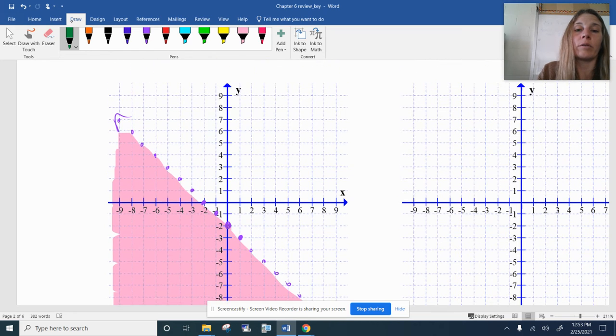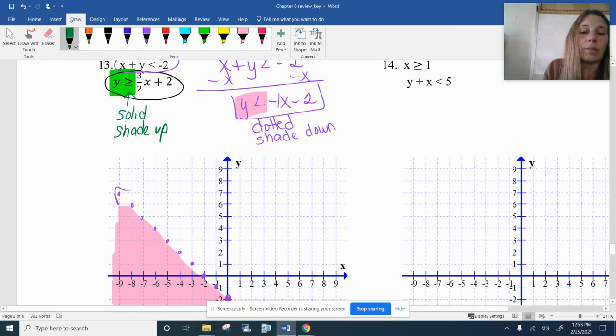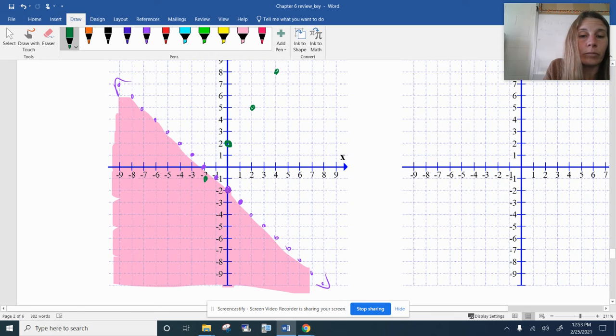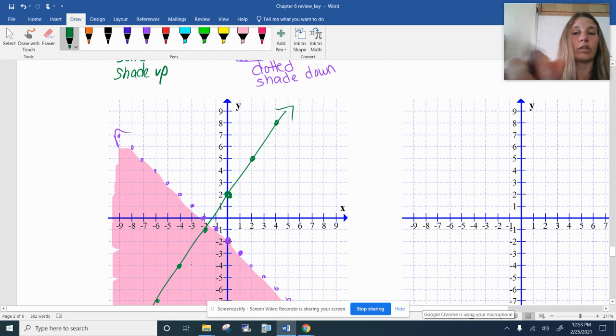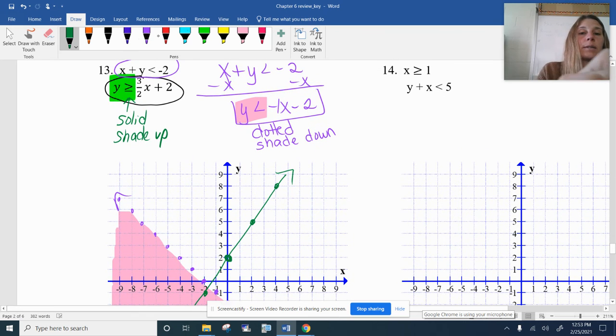Okay, now our other equation was a plus 2 for my y-intercept, and it was a 3 over 2 for slope. So up 3 to the right 2, or down 3 to the left 2. And this one was a solid line. And we were shading up because its y is greater than.